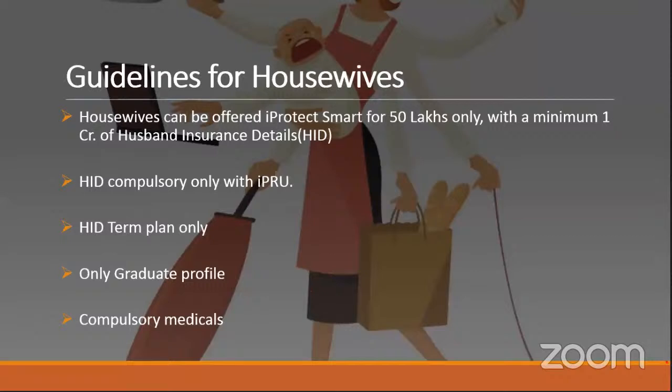It is absolutely required that the husband must have a term plan for himself. A term plan for a housewife cannot be given if the husband does not have one. So either they both take them, or the husband must have taken a term plan previously. Based on that term plan, the housewife can be covered.